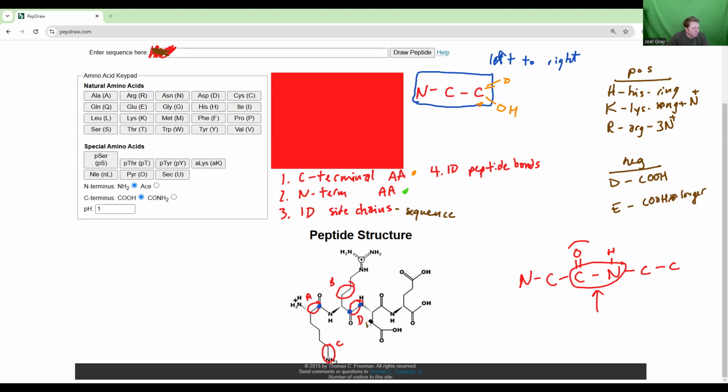Okay, so we've got a total of 4 different answer options: A, B, C, and D. If we look at the bond that is circled and labeled A, well, let's see, what is that? That one is actually, I'm going to put a little star by it on that visual. That's a carbon to carbon bond.